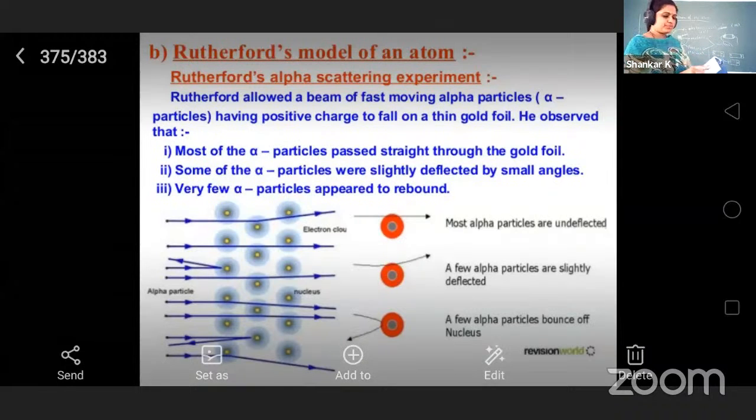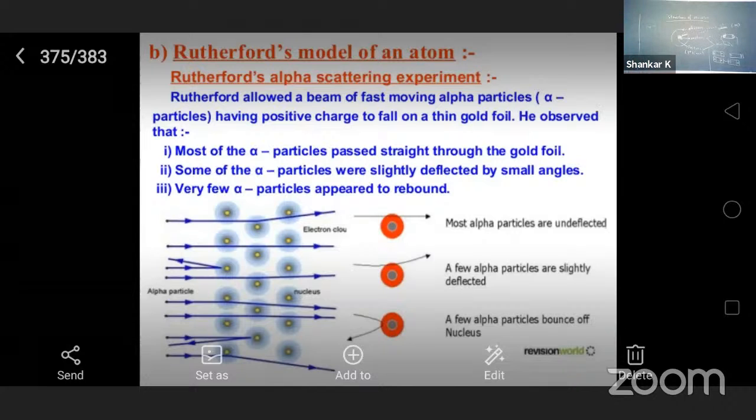Here J.J. Thomson, a British physicist, was born in Cheetham Hill, a suburb of Manchester, on 18 December 1856. He discovered electrons. And then Rutherford's model of an atom comes.